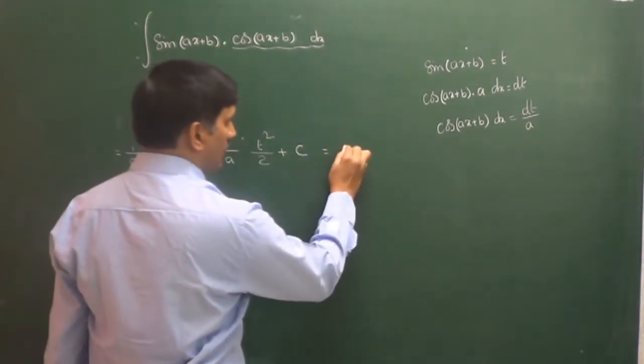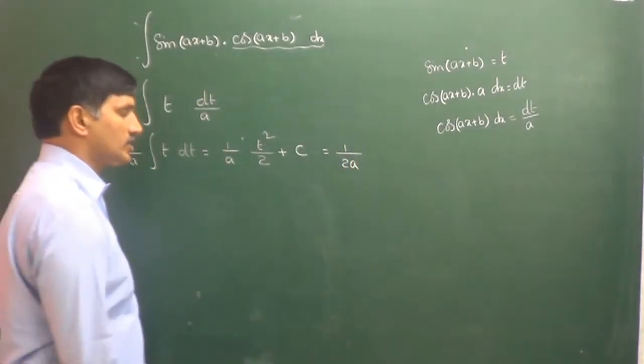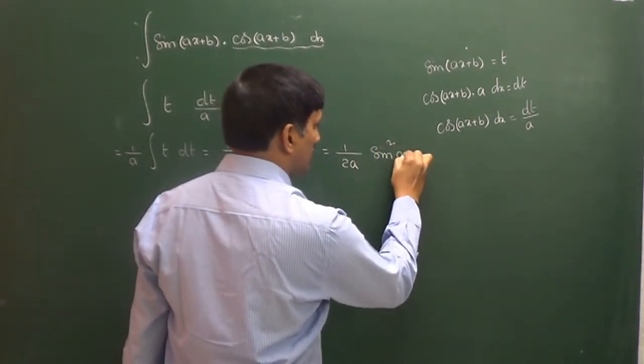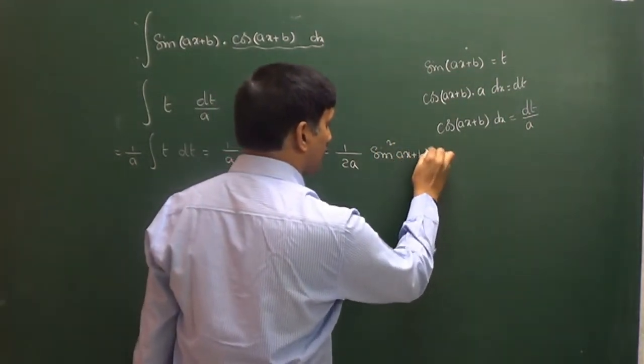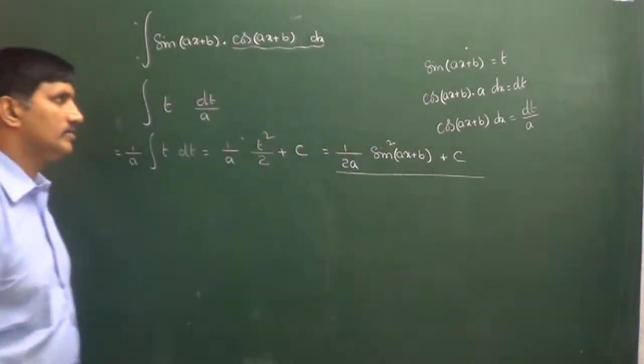Now that is nothing but 1 by 2a into, what is the t? t is nothing but sine of ax plus b. That's why we will get the answer as sine square of ax plus b plus the constant of integration.